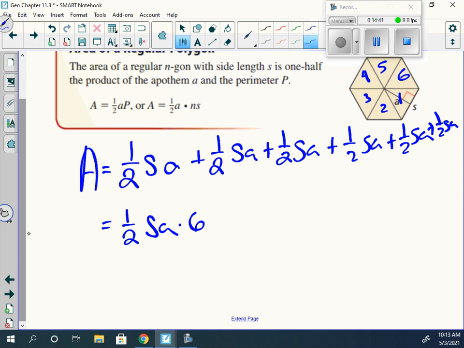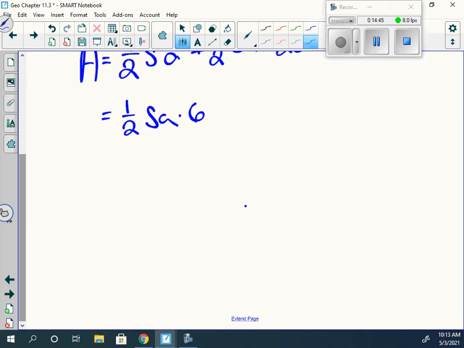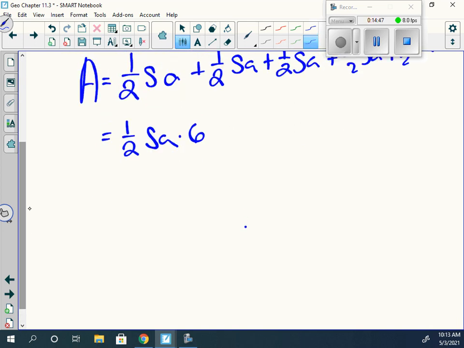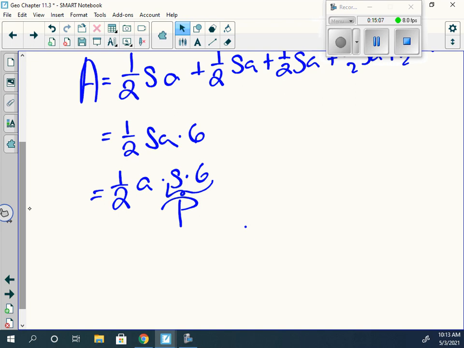So we really have 1/2 the side length times the apothem times 6. Well, the side length times 6 is the same as the perimeter. So we can say 1/2 times the apothem times the side length times the number of sides, or 1/2 the apothem times the perimeter. Either one of them is going to give us the same answer.